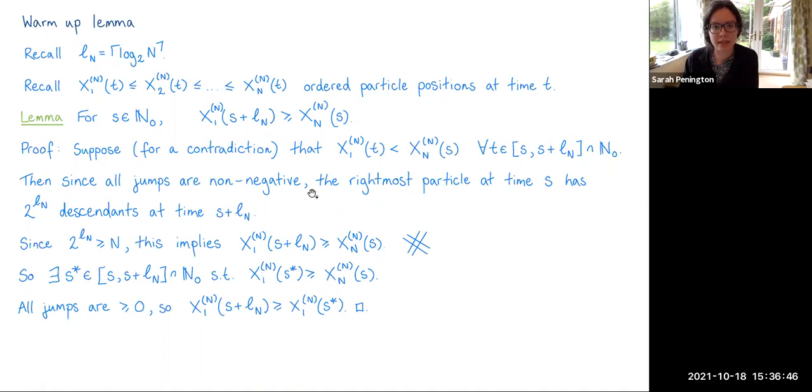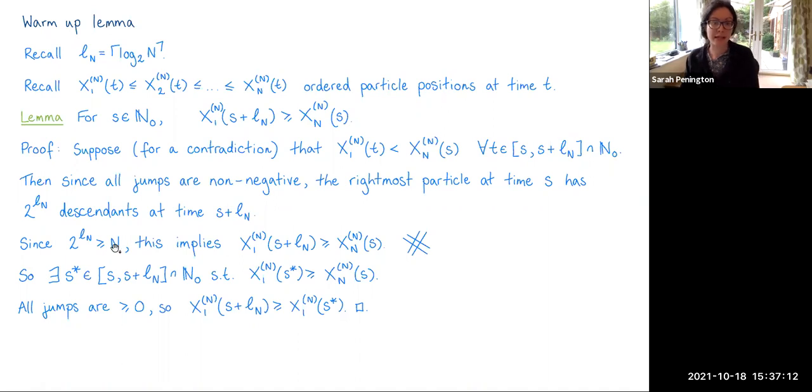All of these descendants are to the right of this, so they're definitely to the right of x1n of t because of our assumption. So none of them are ever going to be killed. And so this rightmost particle at time s has 2 to the power of ln descendants at time s plus ln, because none of its descendants are killed. But by our definition of ln, 2 to the power of ln is at least n.